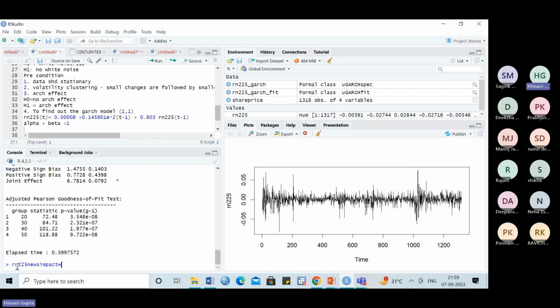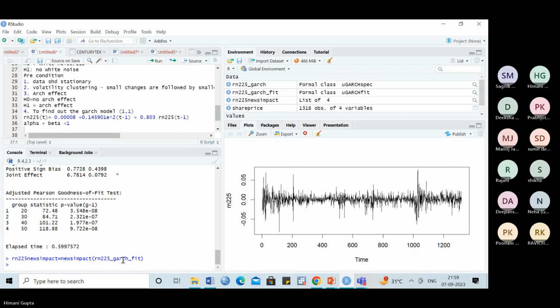So this is equal to news impact, and the name of the model. My model name is RN225 underscore gauge underscore fit. So the values I am asking about the news impact are being stored in this variable RN225 news impact.